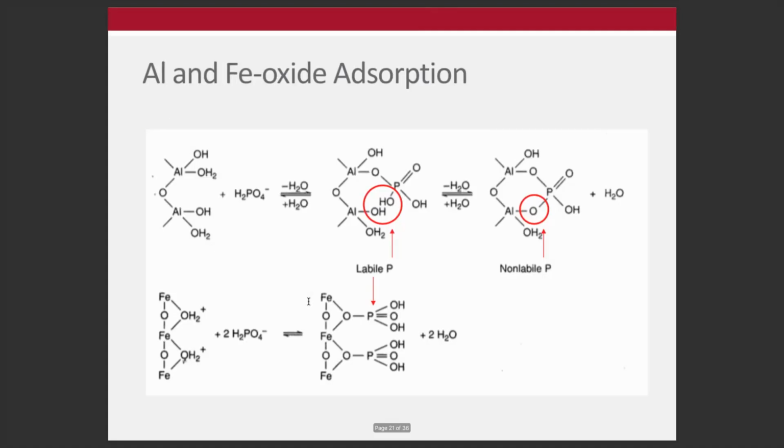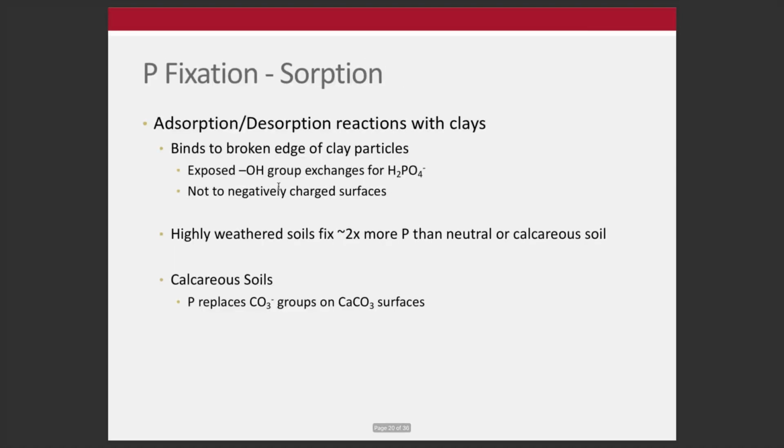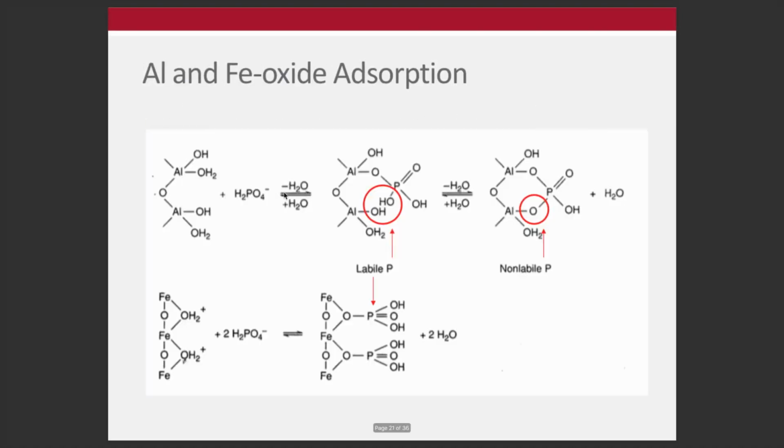Okay, so just to flesh this out with iron and aluminum oxide adsorption, what does this actually look like from a chemical structure? Well, here we have an aluminum oxide, and you add phosphorus, and it's driven by hydrolysis of water, depending on the reaction.